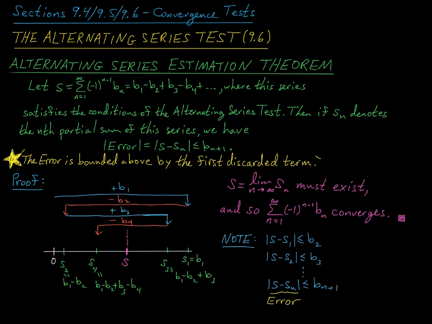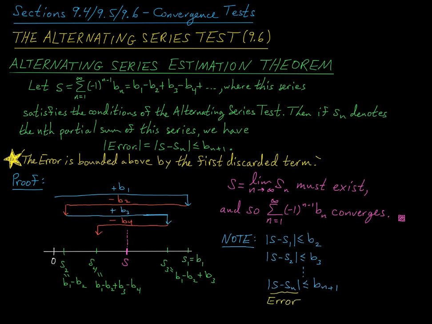Okay, so why is this a nice result? Well, if I want to approximate this series with, say, S3, so in other words, I want to add up just the first 3 terms of this sum to get an estimate for the value of the series, I'd like to have some idea of the size of the error in my estimation. And that's exactly what this quantity in the absolute value is telling me. S is the actual value and S sub n is the approximation.